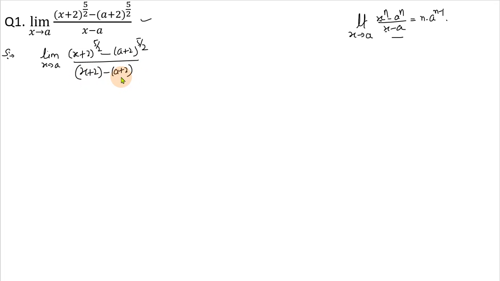I have added 2 and subtracted 2, so taking minus from this it becomes a plus 2, and now this is of the same type, it has come into the same structure. So we can write n into a^(n minus 1), that is 5 by 2 into (a plus 2) whole power 5 by 2 minus 1. So this is 5 by 2 into (a plus 2) power 3 by 2, and that is the answer.